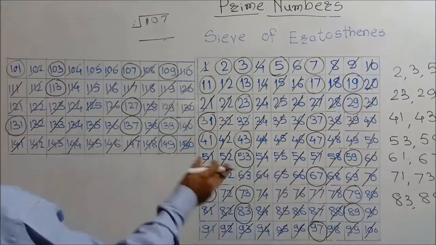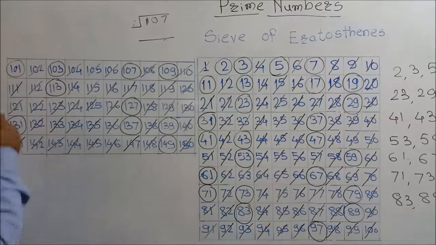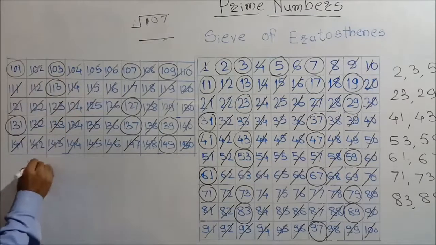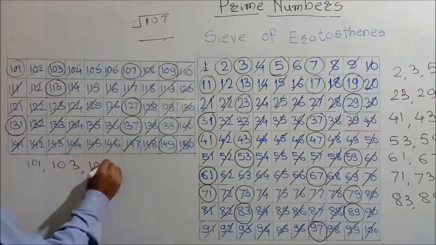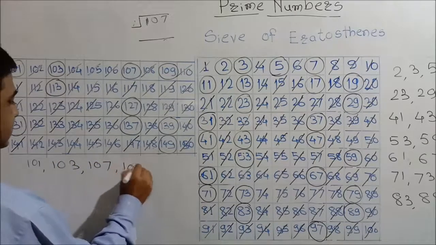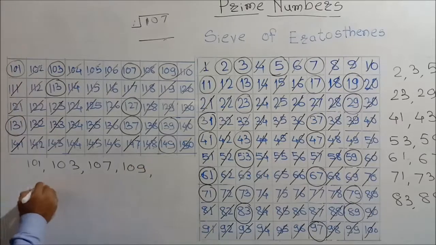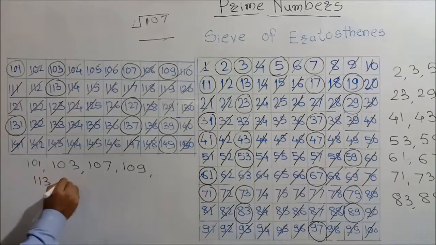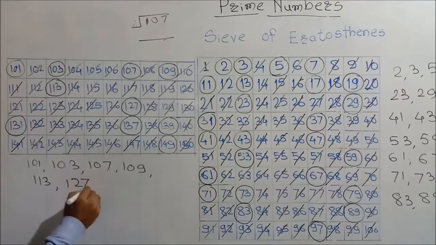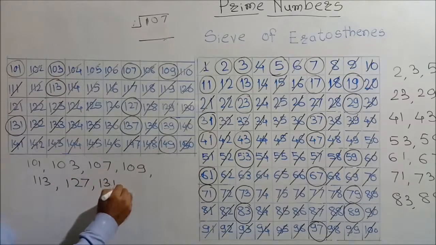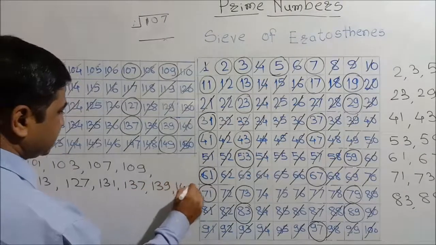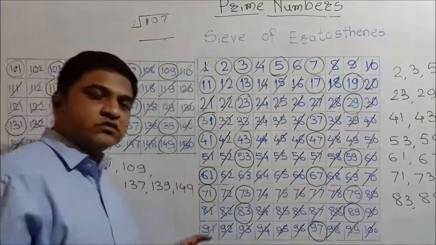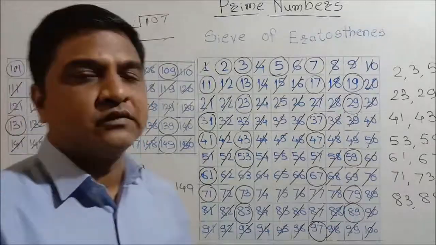So we will jot down all the prime numbers from 100 to 150, which are 101, 103, 107, 109, then 113, then 127, 131, 137, 139, and 149. So these are the prime numbers from 100 to 150.